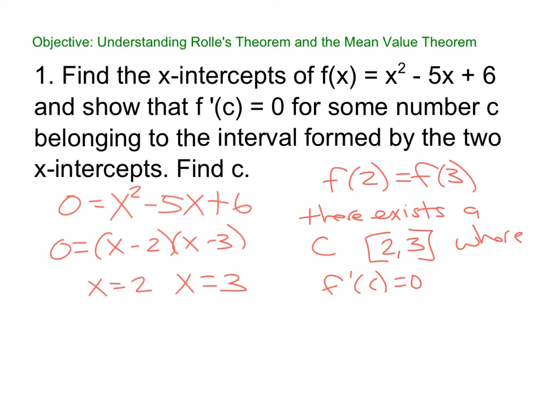Because those two y values are equal, this is going to have a derivative that equals 0 at some point. So we find the derivative and set it equal to 0. So 2x minus 5 equals 0. So x equals 5 over 2 is the answer. Right? So at 5 over 2, it has a derivative of 0.